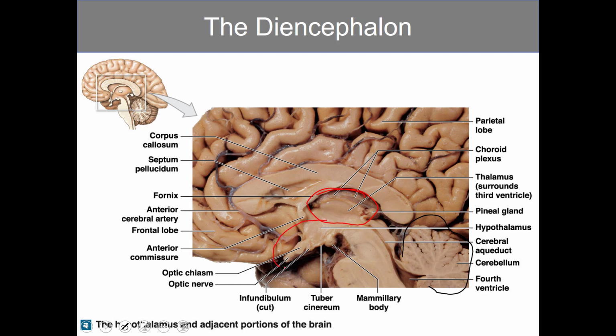Here's your hypothalamus, and you can see the mammillary bodies, the tuber cinereum, the infundibulum, and then the optic chiasm here as well in cross-section. Here is the pons, and of course the medulla oblongata would be directly under that in this region. Then the spinal cord would continue down. So these are the major regions that we've covered thus far.